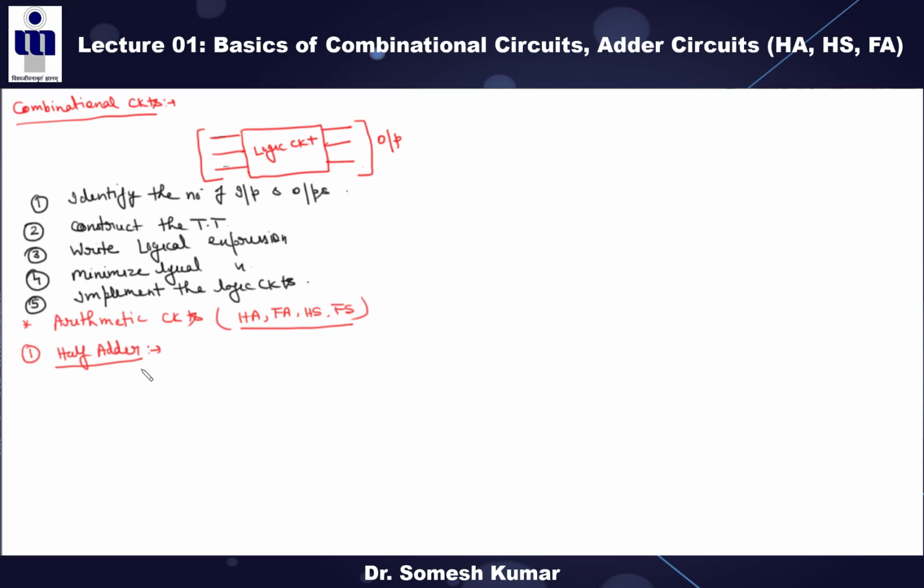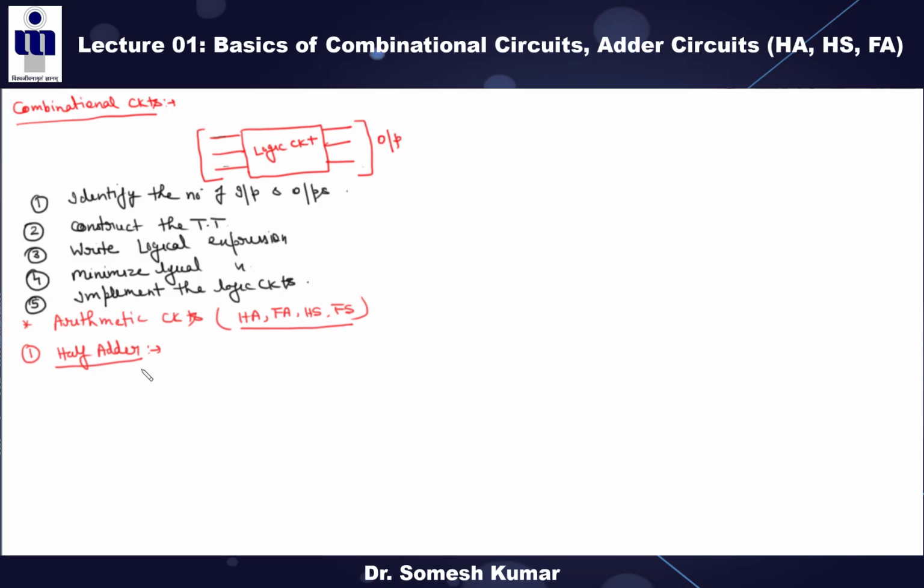So basically half adder is your circuit in which number of inputs are only 2, right? Means if there are only 2 inputs, that is your half adder, and if there are more than 2 inputs, 3 inputs, that is your full adder, right? So what is the meaning of 2 inputs and 3 inputs? Means if there is only the augend and the addend, right? In that case, that is your half adder.